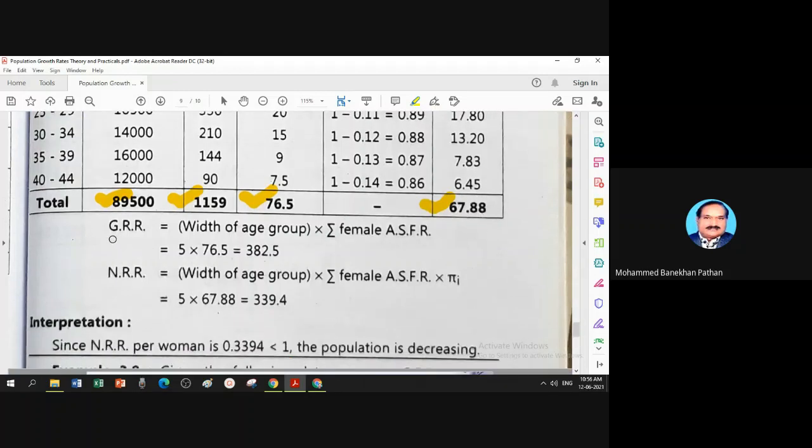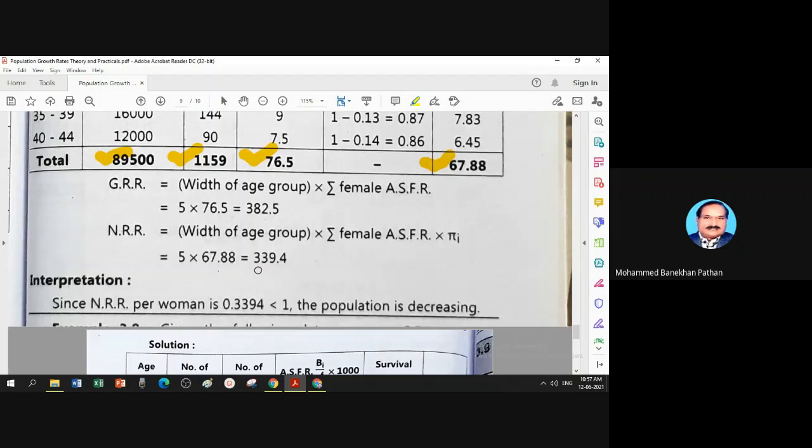So you have the GRR formula: width of the age group into summation of female ASFR, that is 76.5. NRR: width of the age group, summation of female ASFR into pi I, the last column.